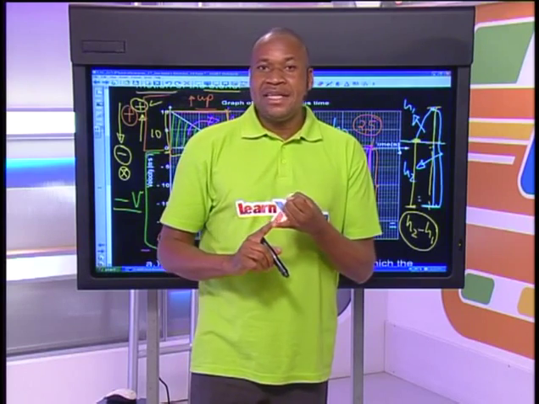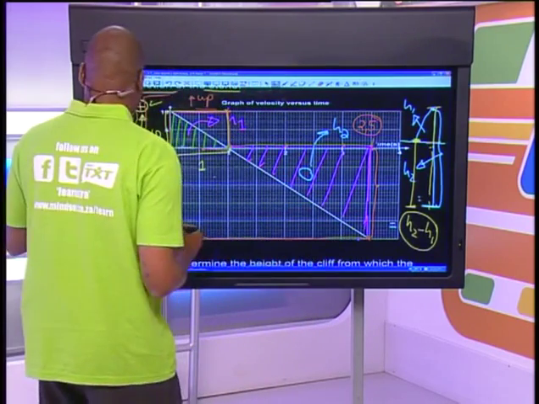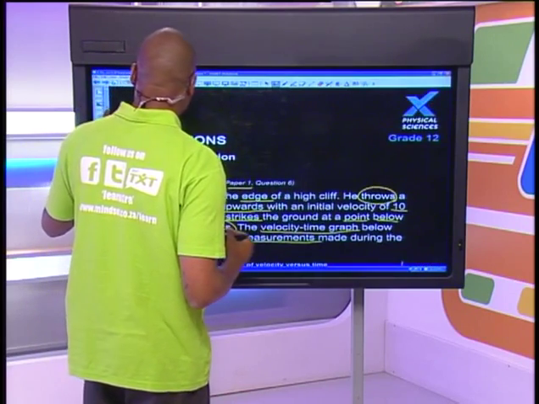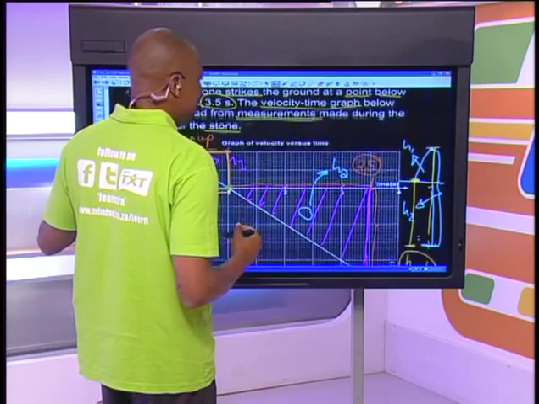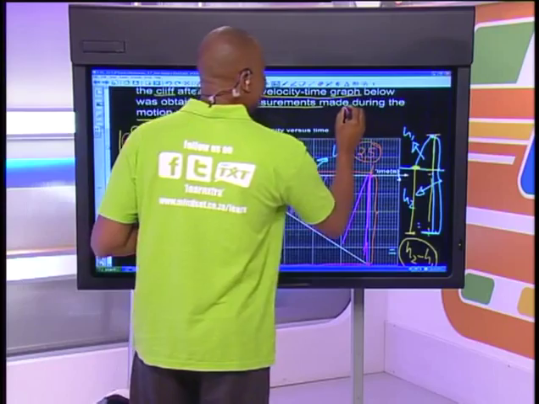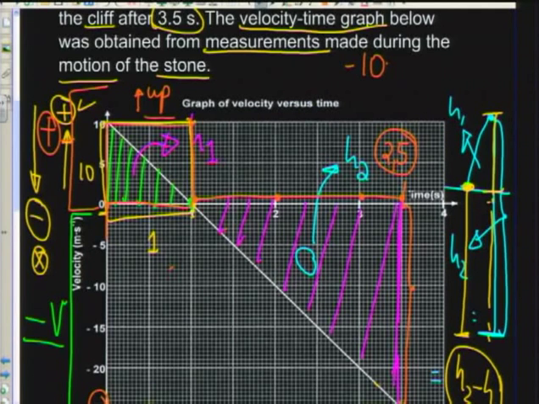Now, what are we referring to by saying positive and negative? We're referring to every quantity involved there, which is a vector quantity: velocity, displacement, and then acceleration. For example, when we were calculating the acceleration earlier on, we found it to be negative 10 meters per second squared.